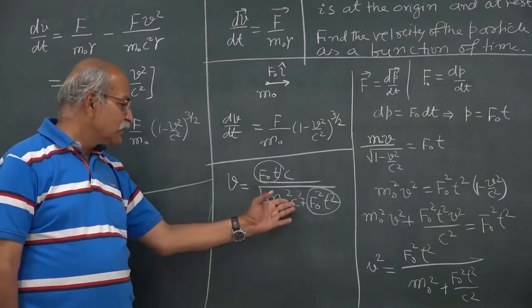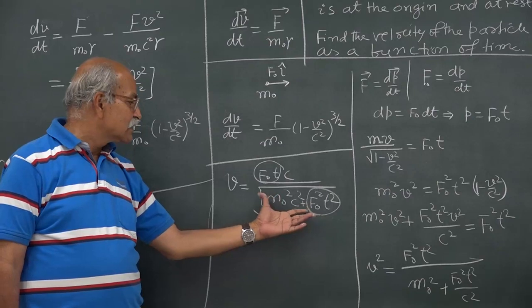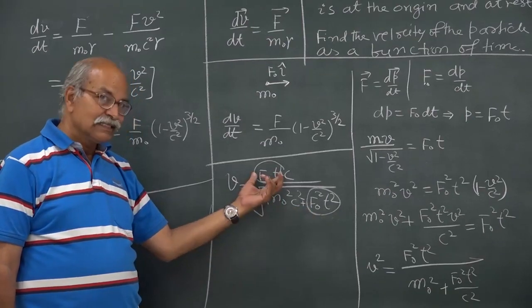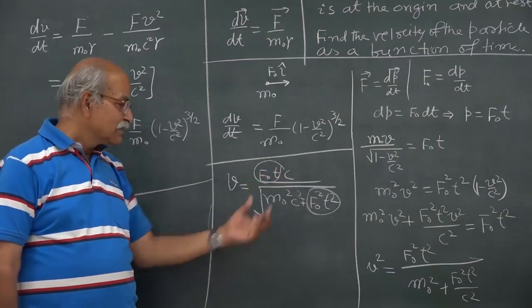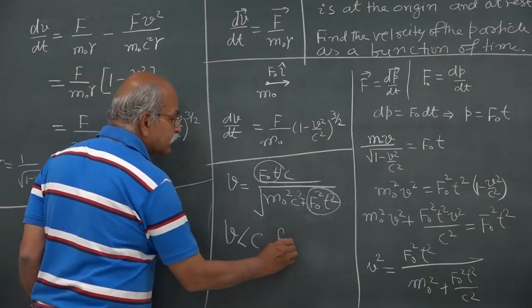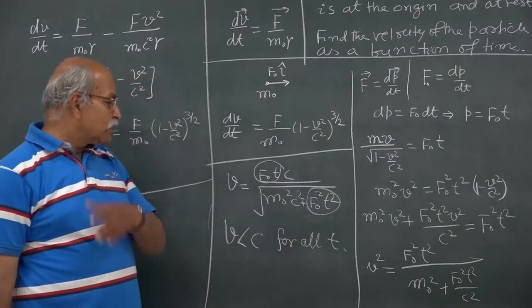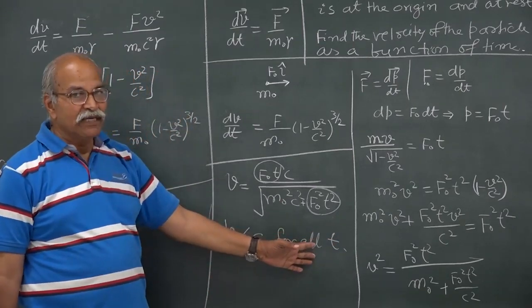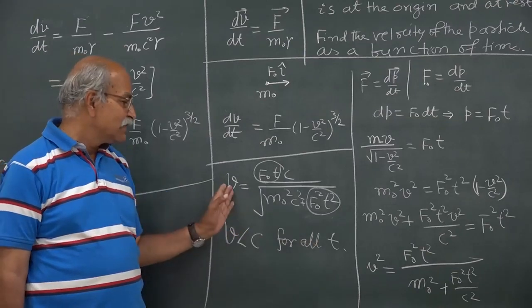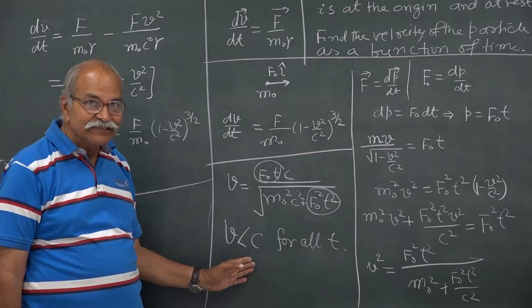I am adding something, that means I am increasing it, and therefore the denominator is greater than F naught t, and hence v is less than c for all t. No matter how much time you apply the force, the velocity will remain less than c.